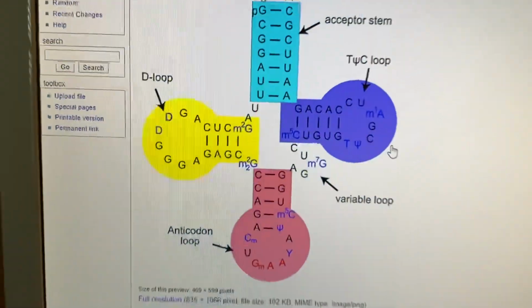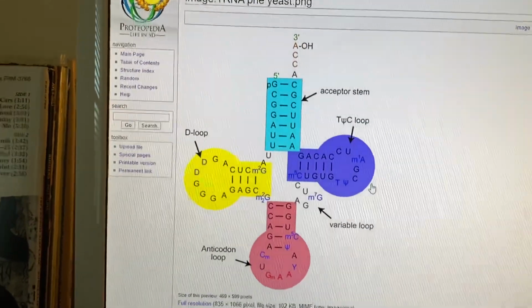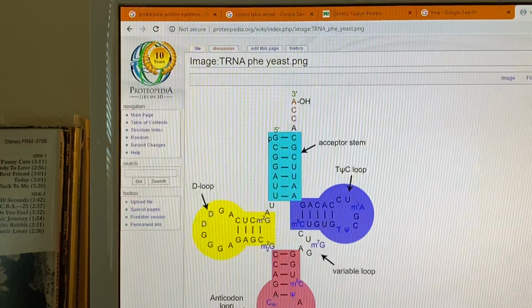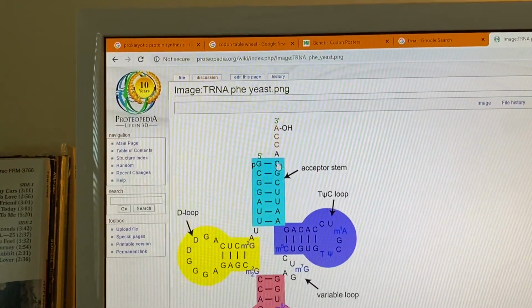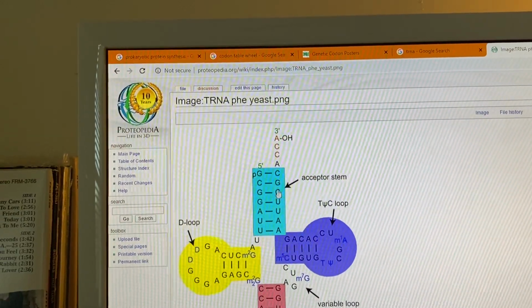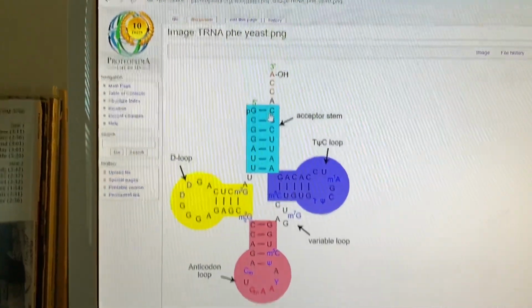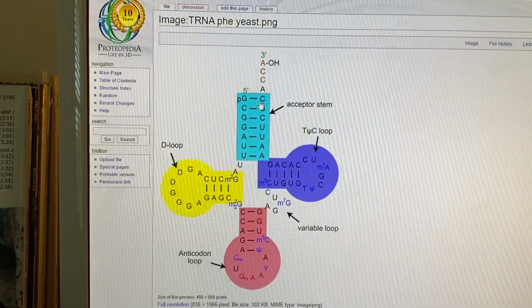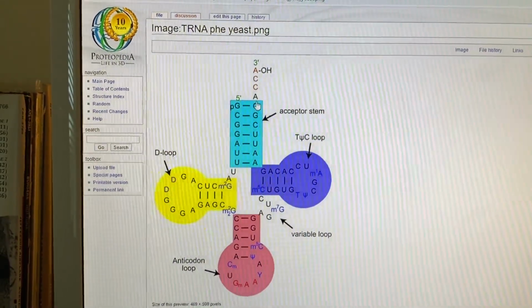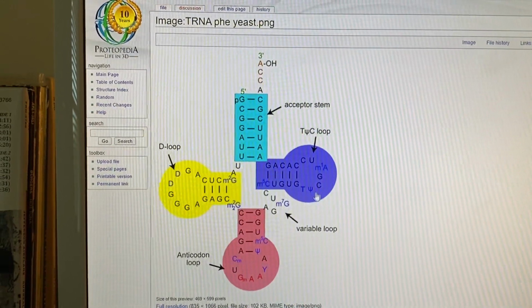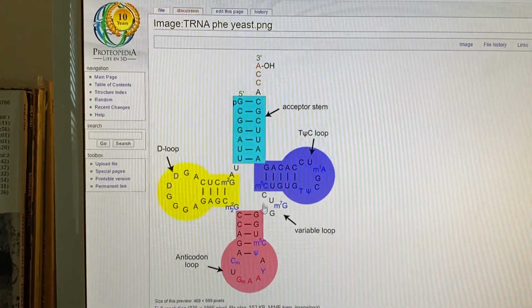Okay. So this is what tRNA looks like. You can see here, it is shaped like a little T. It's just a strand of RNA, so we just have the A's, U's, C's, and G's. But remember from when we talked about the history of life, how RNA can fold and bond with itself. So this is a strand of RNA that's folded and bonded up on itself.